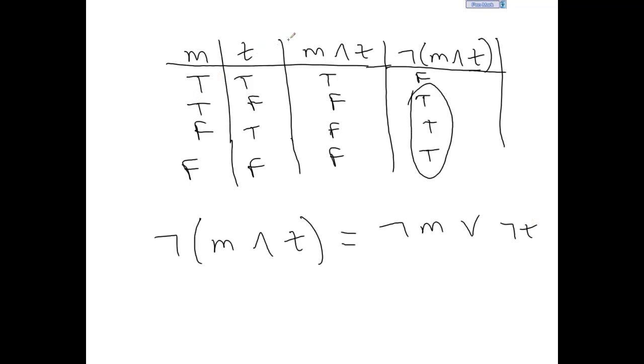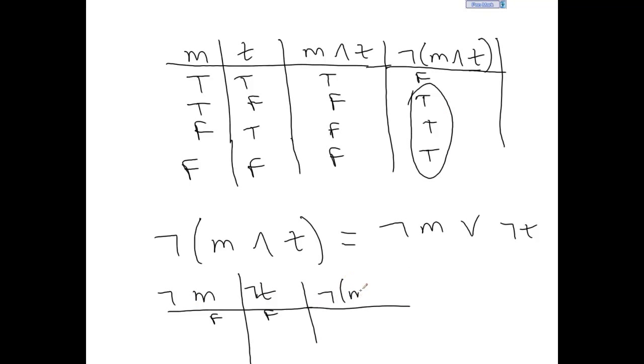Let's see how this pans out real quick. If I know that M and T are both true, then that means not M and not T would both be false. And that means that the result of that, if not M and not T are both false, would be false.